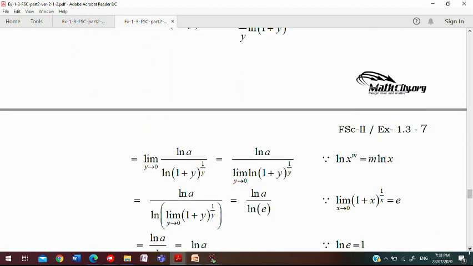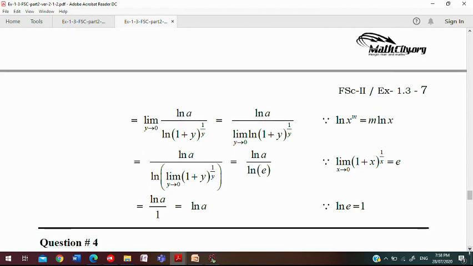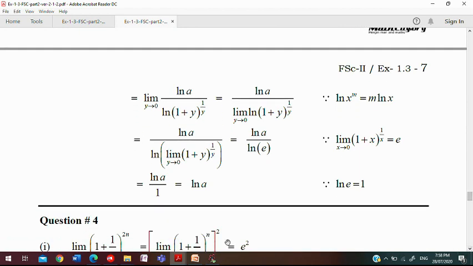Now if we apply the limits, we have limit y approaches 0, log a divided by (1 by y) log(1 plus y). We have applied the limit separately.